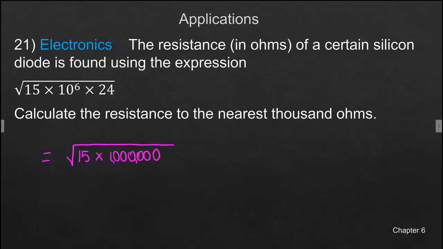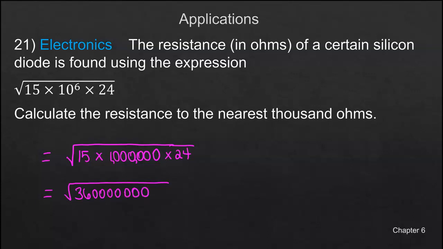That is 1 million times 24. Because the exponent is 6, that means that there are going to be 6 zeros. When you calculate this number, you get 7 zeros.